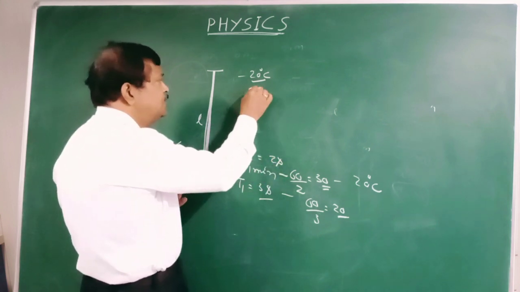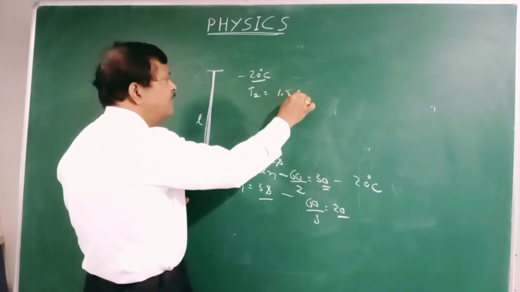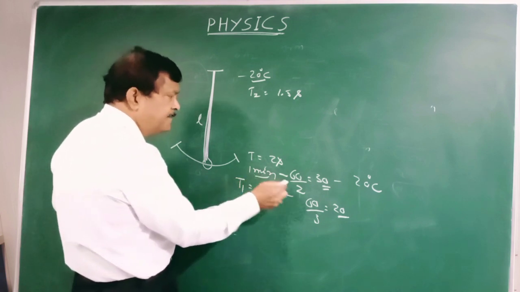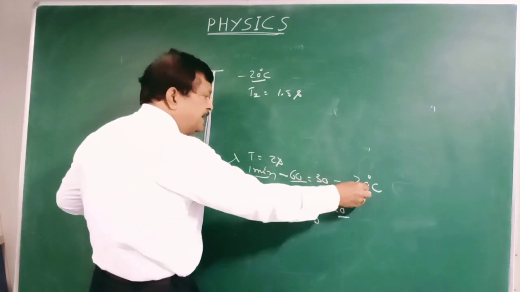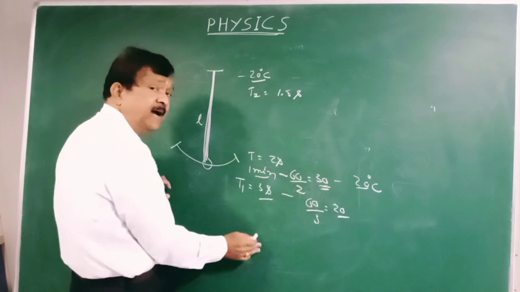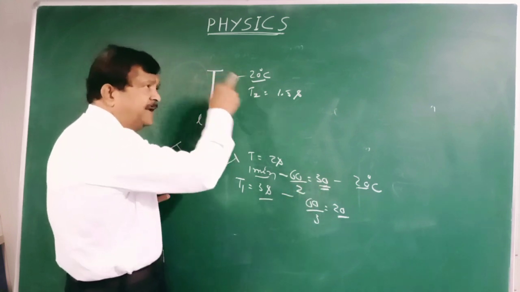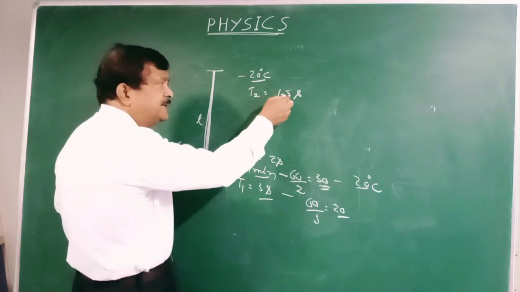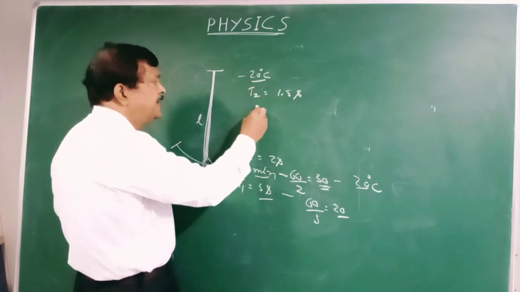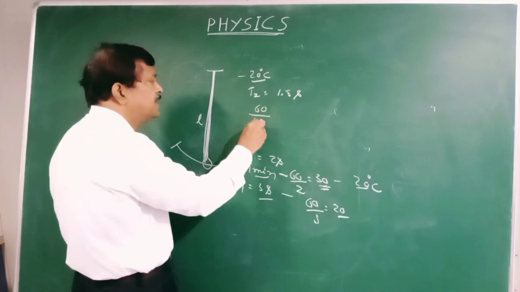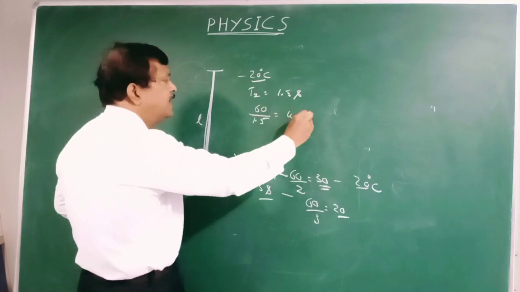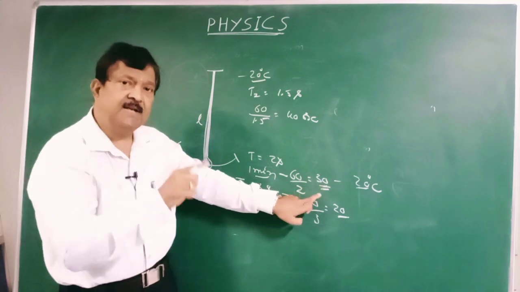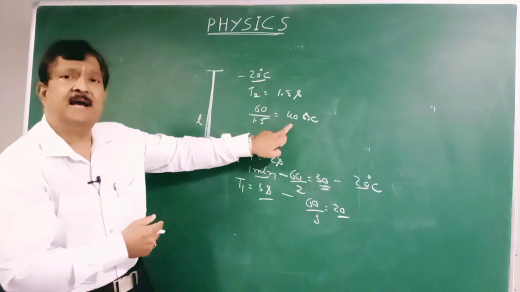Suppose the new time period has become only 1.5 seconds. In 1 minute it will execute 60 by 1.5, or 40 oscillations. That means in the time of making 30 oscillations, it is now making 40 oscillations.